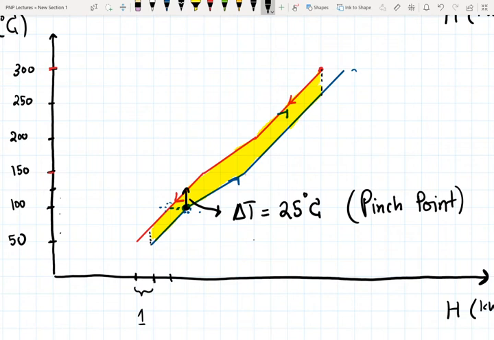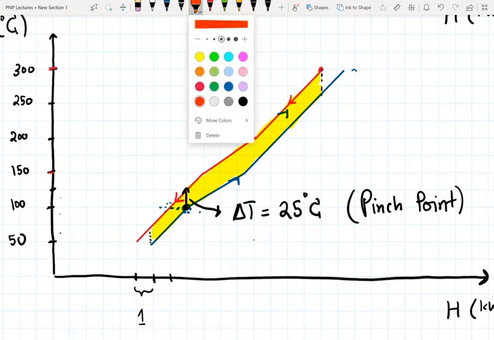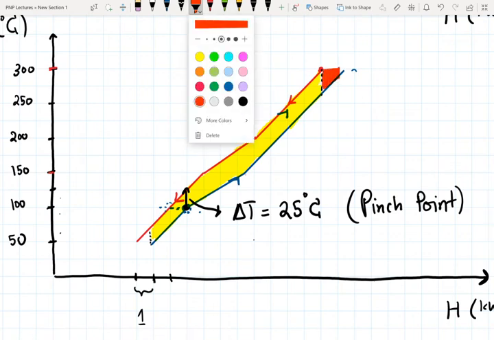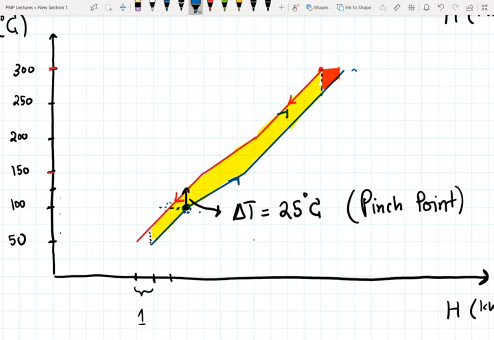And on the hot side right here, we have the heating requirement. That's going to be your minimum heating requirement right here. And on the cold side at the bottom, you're going to have your minimum cooling requirement right here. This is the minimum heating requirement and the minimum cooling requirement for a minimum approach temperature of 25 degrees Celsius.